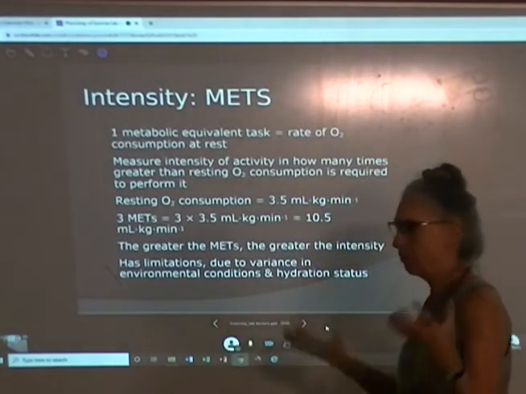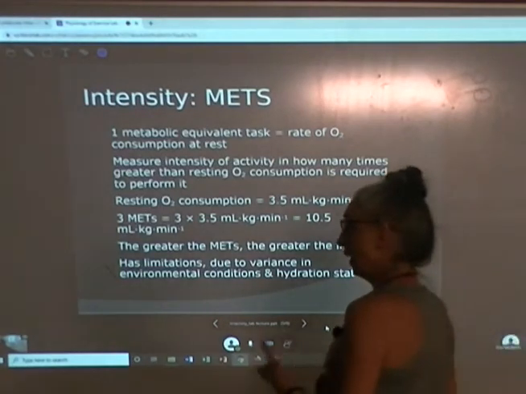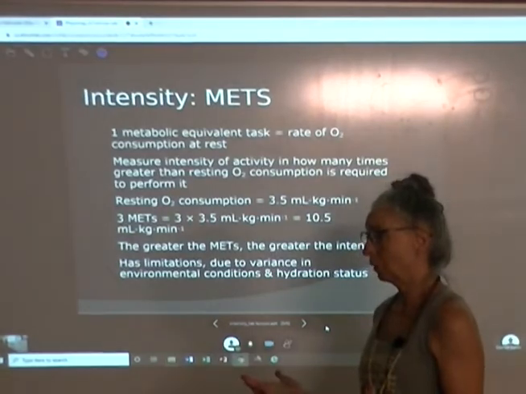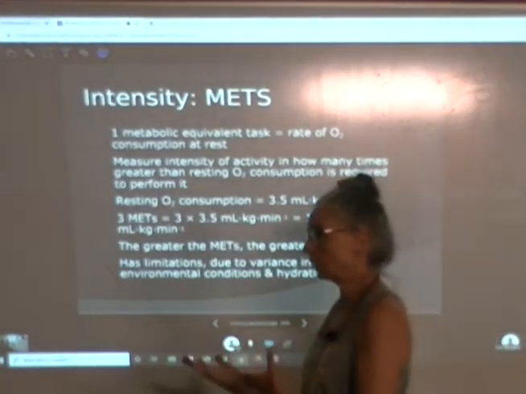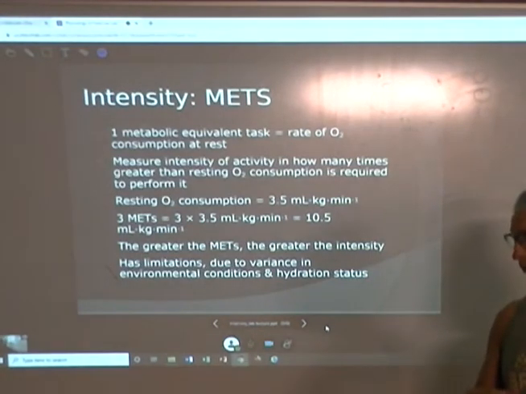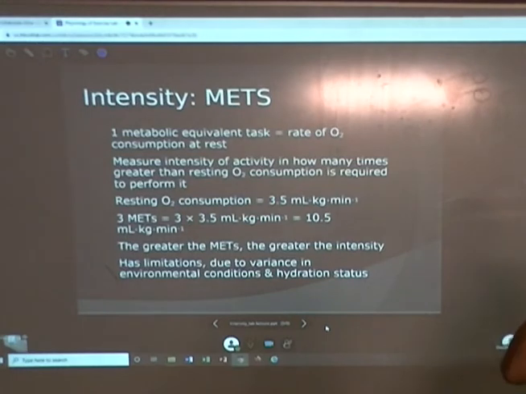That can vary very widely, as I said, depending upon muscle mass, size. Your skill level changes how much oxygen you use when you're doing some work, right? So someone who's more skilled will use less oxygen than someone who's less skilled. And METs doesn't really take that into account. Okay?